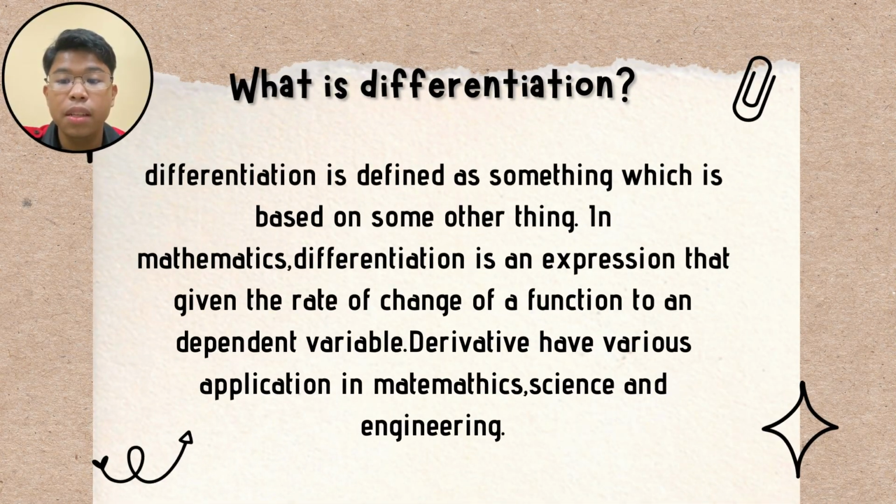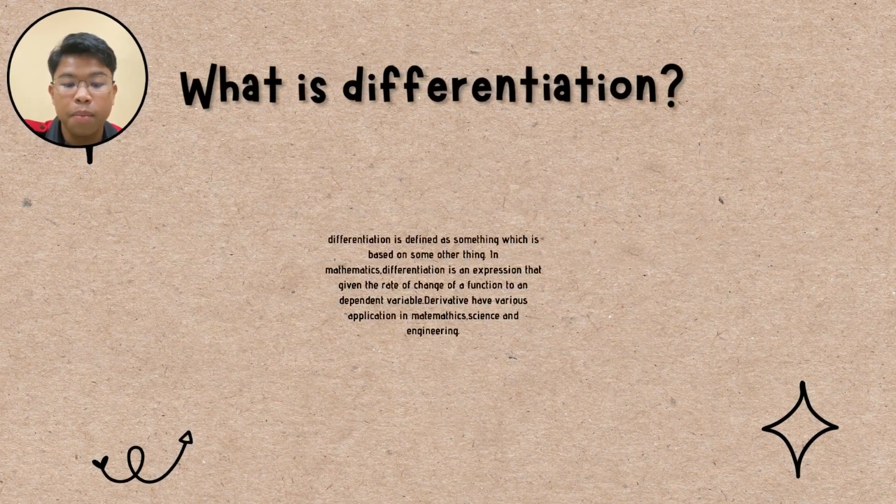Next, what is differentiation? Differentiation is defined as something which is based on some other thing. In mathematics, differentiation is an expression that gives the rate of change of a function with respect to a dependent variable. Differentiation has various applications in mathematics, science, and engineering.